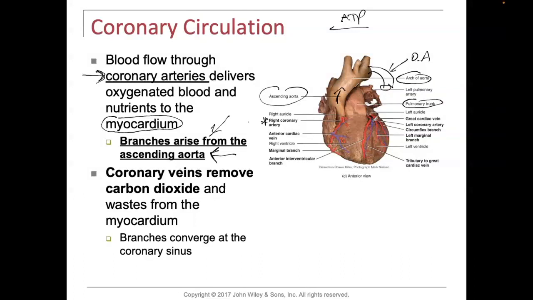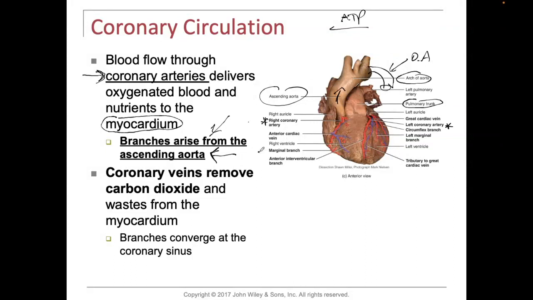There's the right coronary artery. And on the other side of the pulmonary trunk, we'll put a star here. There's the left coronary artery. Okay, there are some other blood vessels that come off the right coronary.